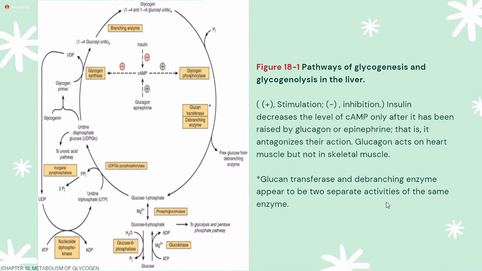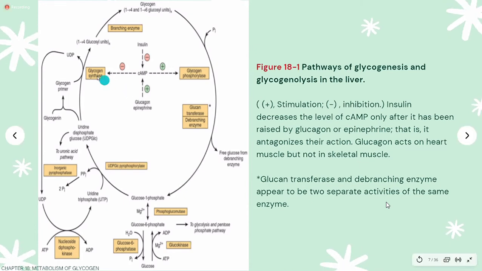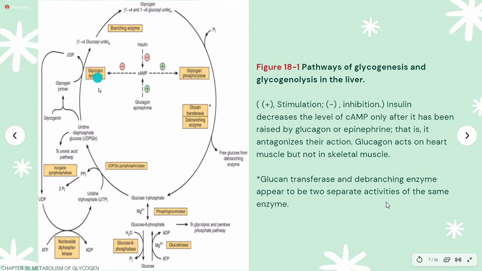Phosphate is added. And the other one is dephosphorylation, meaning removal of the phosphate. Okay. Now, glycogen synthase is active when it does not have a phosphate. No phosphate. So this is active.